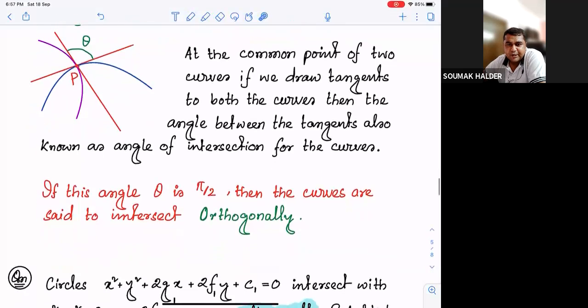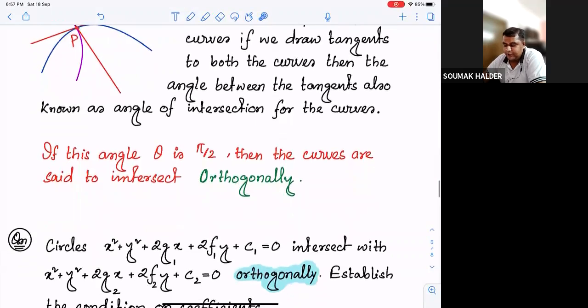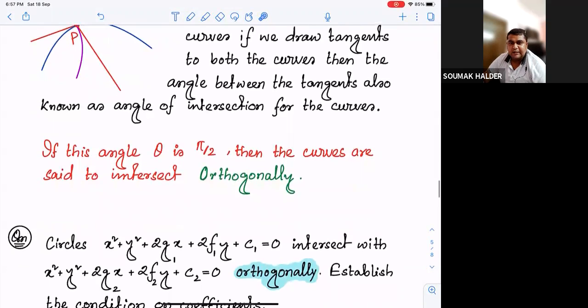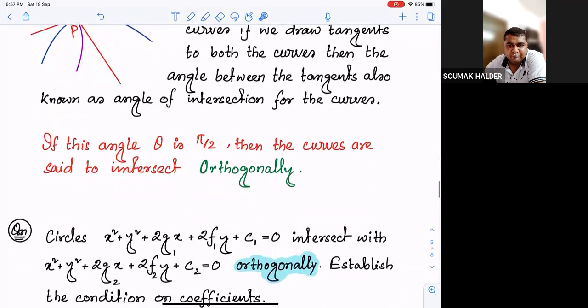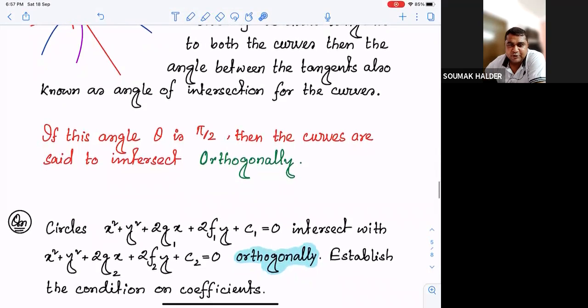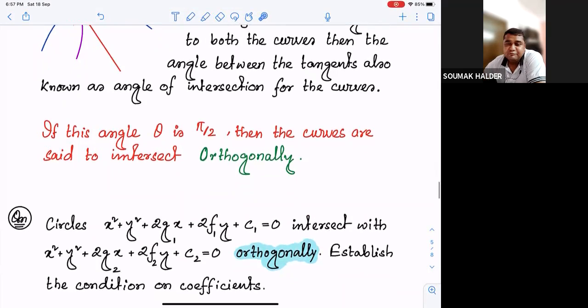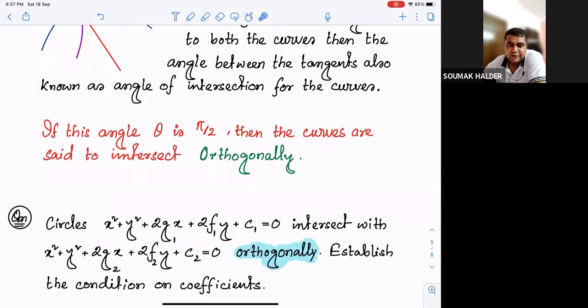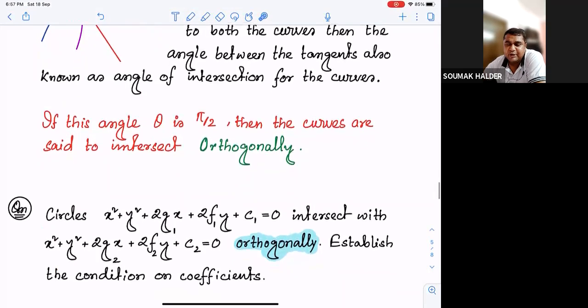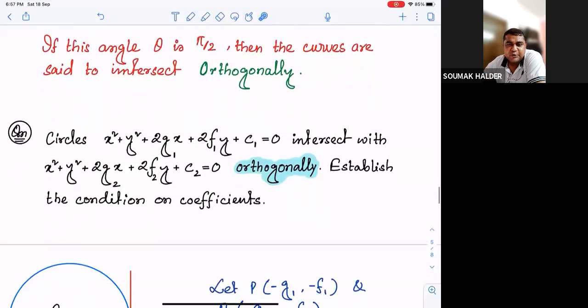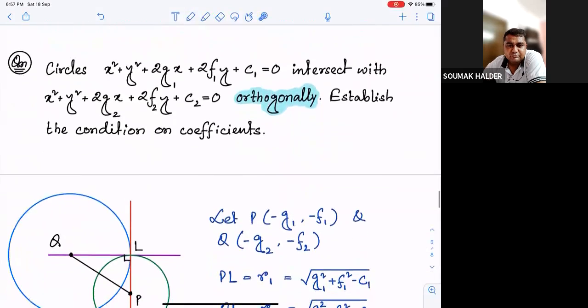So consider that we have been given two circles, x square plus y square plus 2g1x plus 2f1y plus c1 equals 0, and x square plus y square plus 2g2x plus 2f2y plus c2 equals 0. These are intersecting orthogonally, and we need to establish the condition on the coefficients under which this is true. We can simply think of such a diagram.